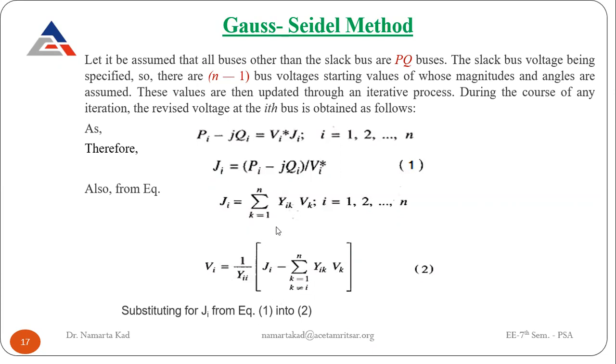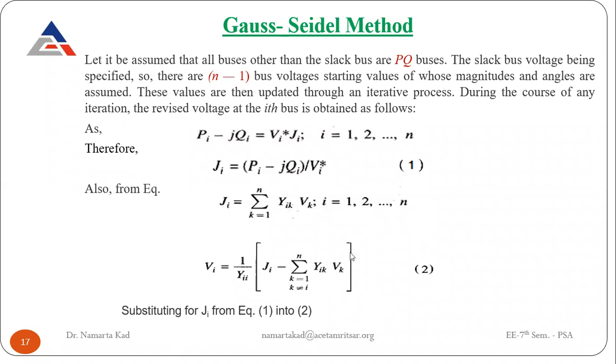Because we know that in this equation, when k is equal to i, here it comes out to be Yii and Vi. And so from that equation, Vi can be written as 1 upon Yii into Ji minus summation of Yik into Vk.